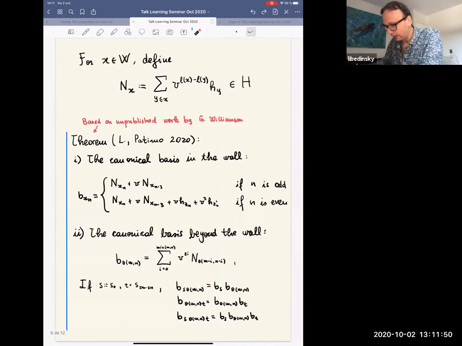So in the wall, this is the decomposition. If n is odd, the Kazhdan-Lusztig basis on xn is nxn plus v n xn minus 3. And if n is even, you have the same plus two correction terms in terms of the standard basis.